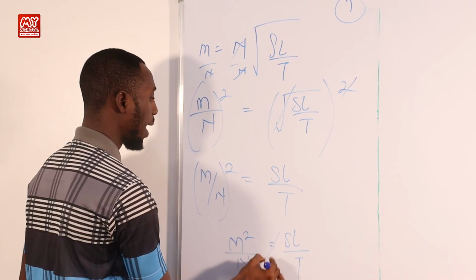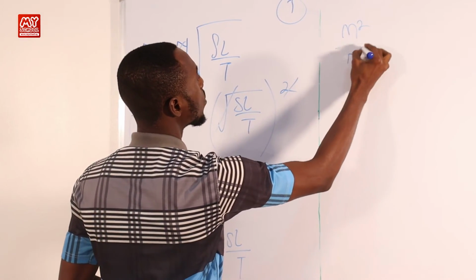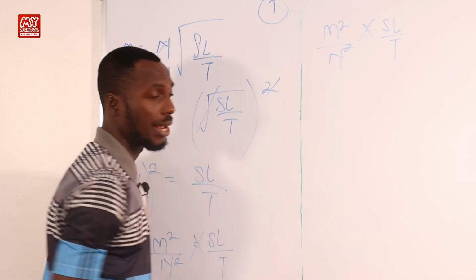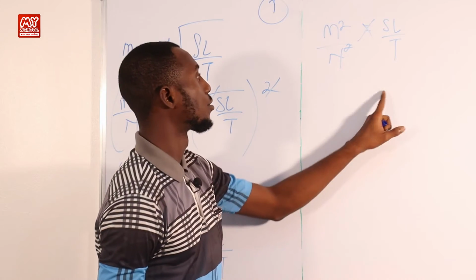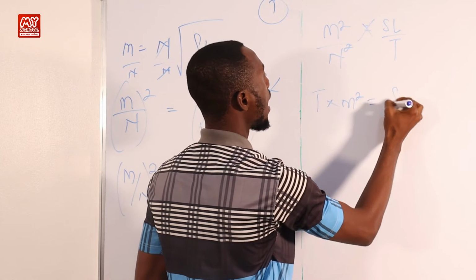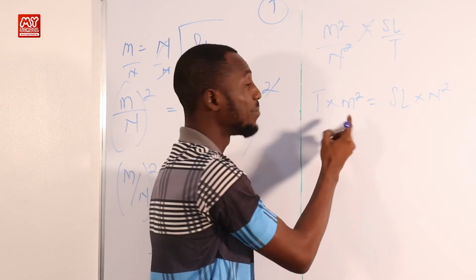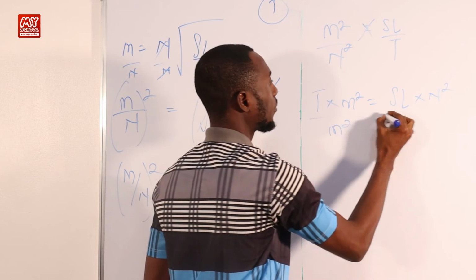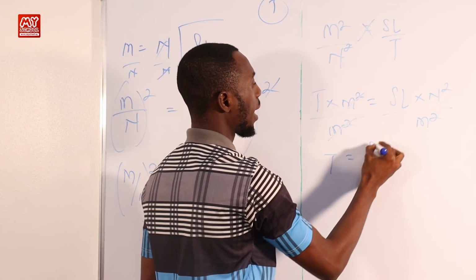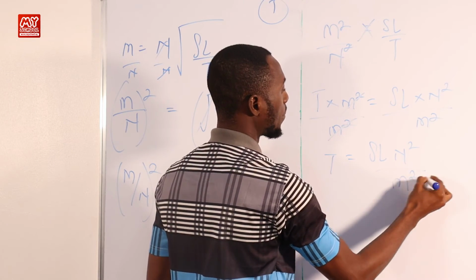When we cross multiply, we have t times m squared equals SL times n squared. Divide both sides by n squared: t equals SL n squared over m squared.